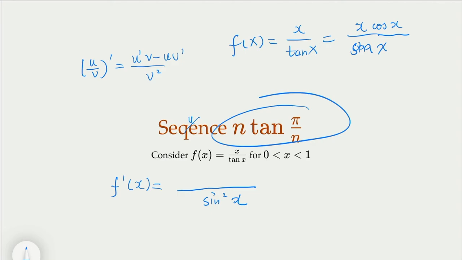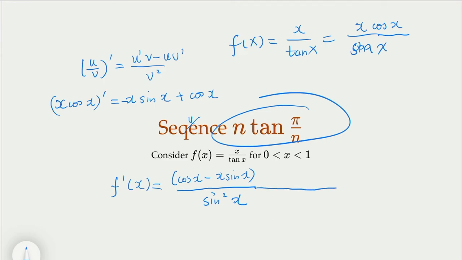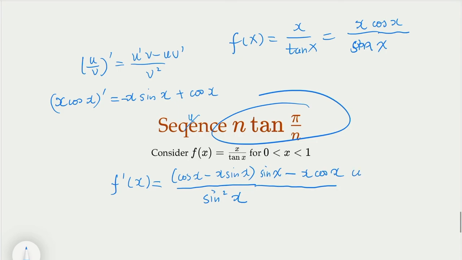The derivative of x cosine x using the product rule is cosine x minus x sine x, times v, which is sine x, minus u, which is x cosine x, times v prime, which is cosine x.